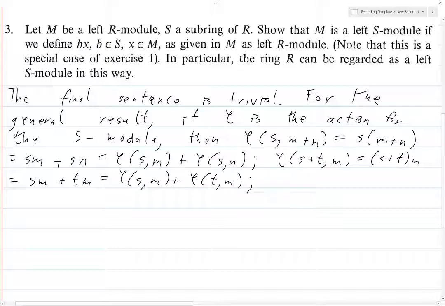You can distribute that out, and furthermore, it's useful to note that you could go backwards. You could take this plus this and combine it here, and because S is a subring, this sum would still be an element of S, so not only does it hold, but all the types work out.